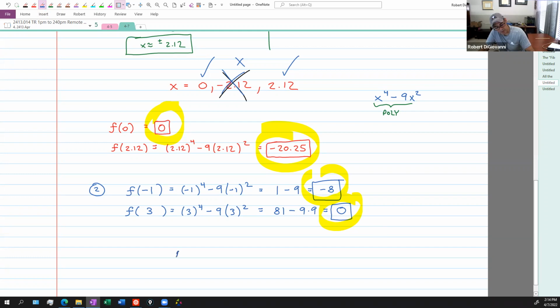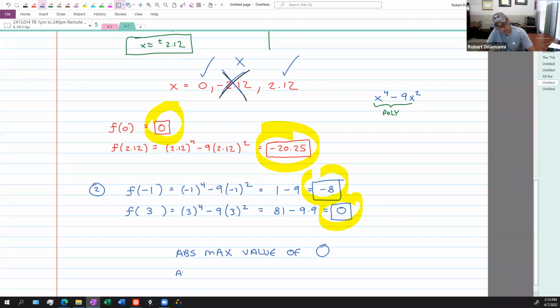So I have an absolute maximum value of 0, right? It actually happens at 2 places, doesn't it? When you plug 0 into the function, you get 0, but when you plug in 3, you also get 0. But the absolute maximum value is 0.